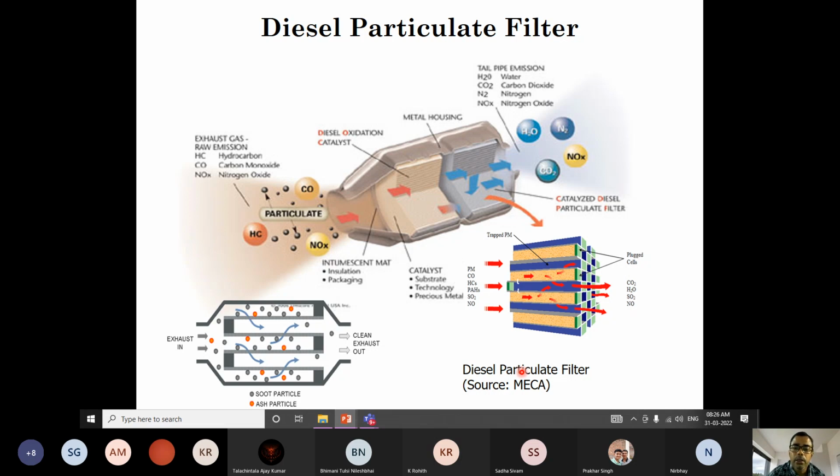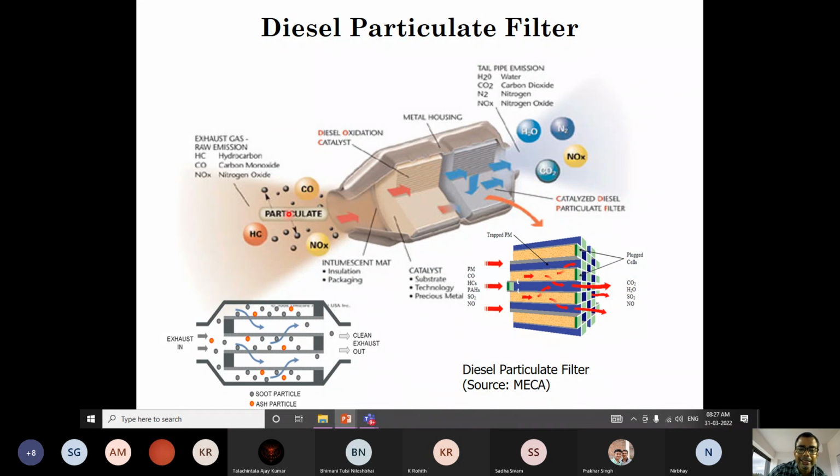Okay. Now the third thing is called DPF, diesel particulate filter. We need to give special attention in order to control the particulate matter. Why is it so? Because other pollutants like HC, CO, NOx, as we know, are gaseous pollutants.